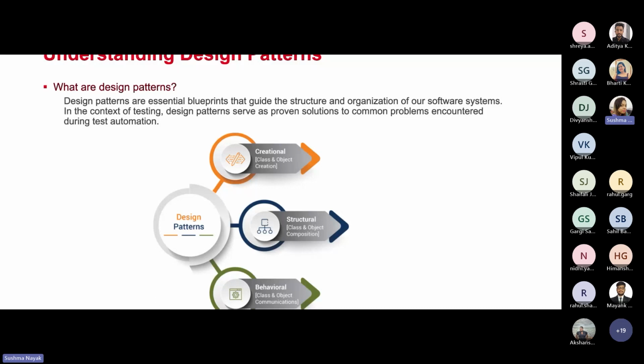In this section, we'll delve into the fundamentals of design patterns, exploring their significance in testing and their role in promoting efficiency and maintainable test suites. Also, we'll examine various design patterns commonly used, such as page object model, factory pattern, singleton pattern. There are many terms here.